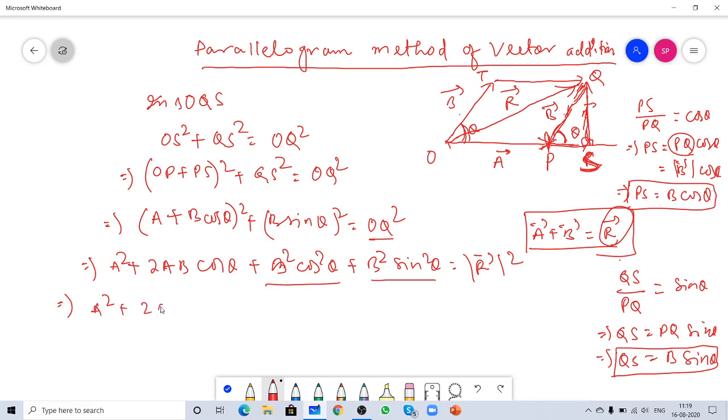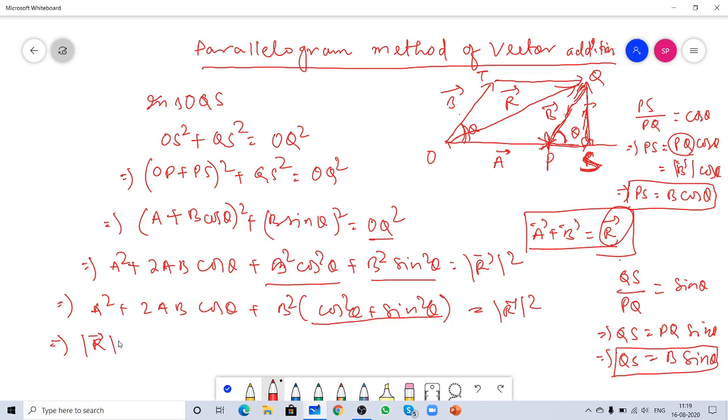So A square plus 2AB cos theta plus B square (cos square theta plus sine square theta) is equal to R magnitude square. Now cos square theta plus sine square theta, you know, is 1. So I'll arrange it properly, that R magnitude square is equal to A square plus B square plus 2AB cos theta.